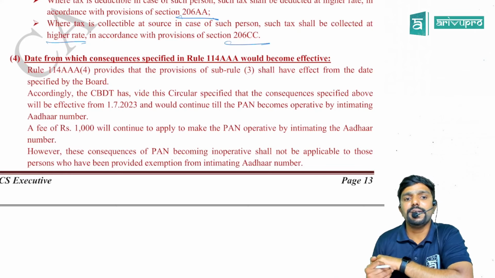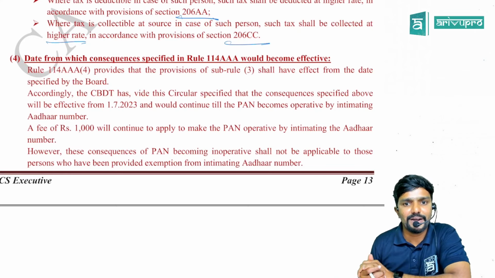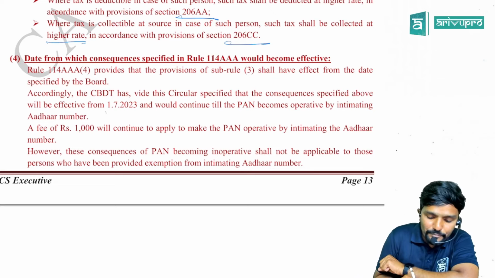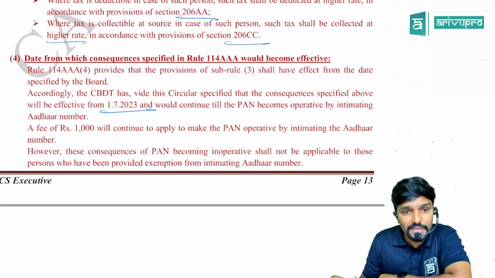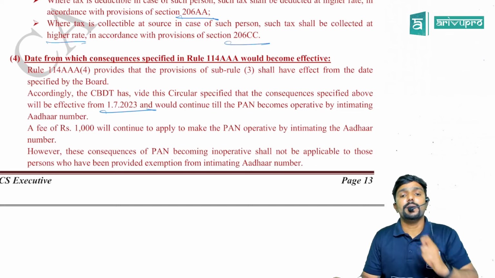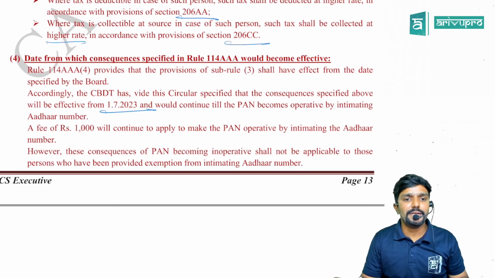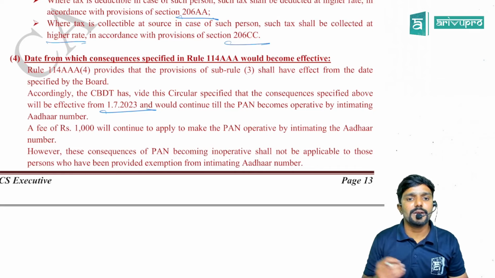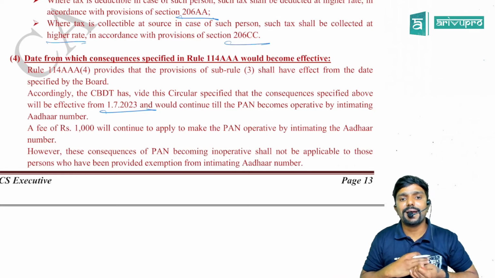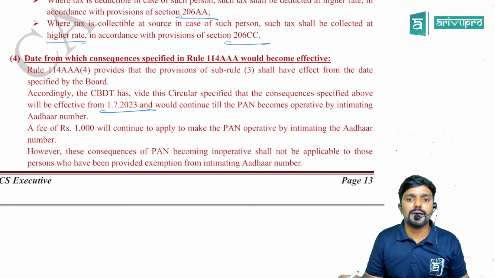Accordingly, the CBDT via circular specified that the consequences specified above will be effective from 1st July 2023 and would continue till PAN becomes operative by intimating Aadhaar number. A fee of 1000 rupees will continue to apply to make the PAN operative by intimating the Aadhaar number.